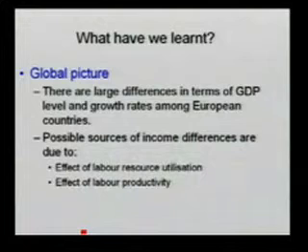Okay, this is just the conclusion. I ask myself, what have we learned from this? So we have first given a global picture, and we have found that there are large differences in income level and growth rates among European countries. And then we have tried to look at the sources of these income differences.